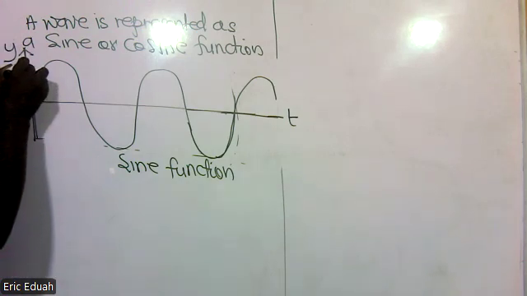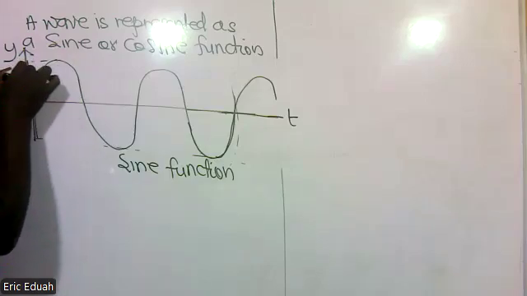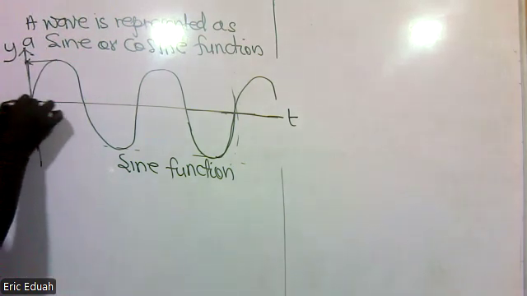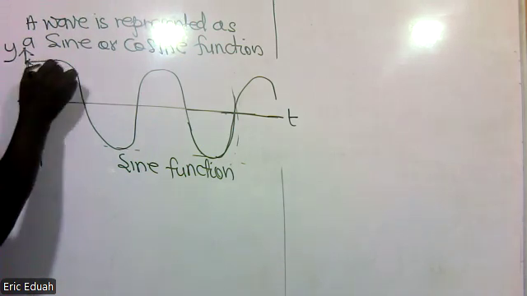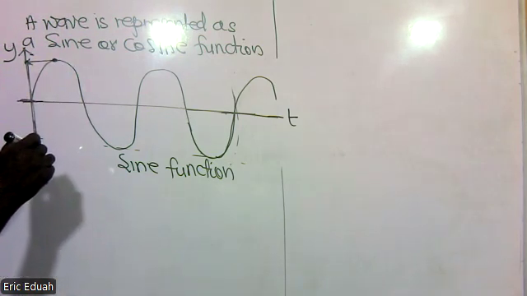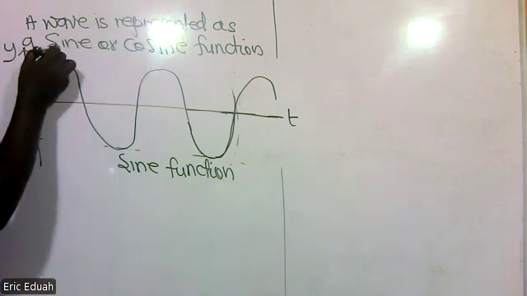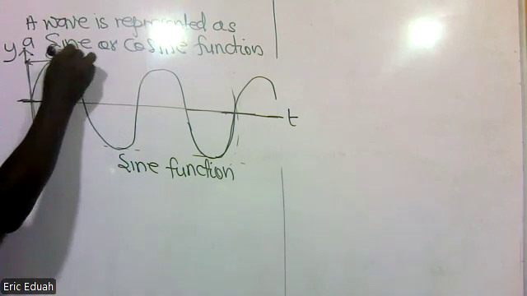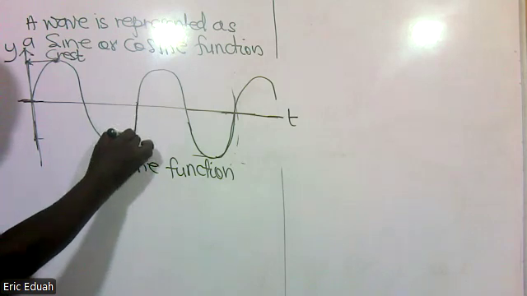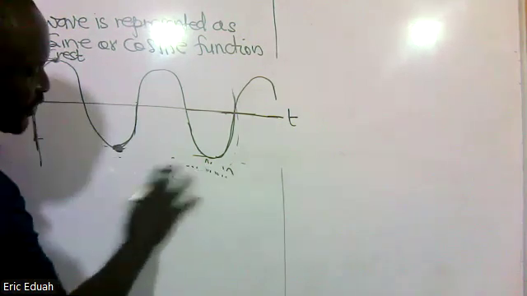Okay. Now in simple harmonic motion, the maximum displacement, which is measured from the equilibrium position to a point where we have maximum vibration of particles upward, is known as crest. Then the maximum vibration of particles downwardly, we have what we call trough.